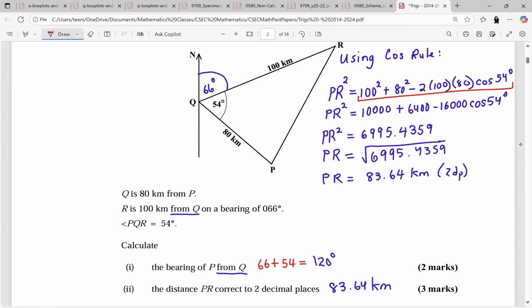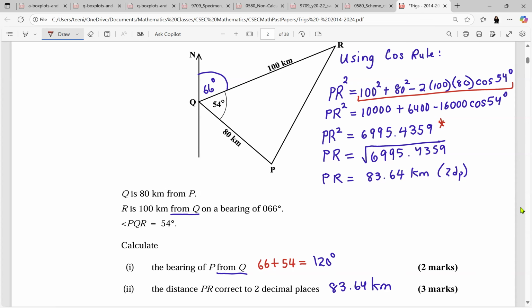I put it in, miss. I get something different again. Is your calculator in degrees? Yeah, miss. I don't know why. Everybody else, did you all get this? 6,995.435963.